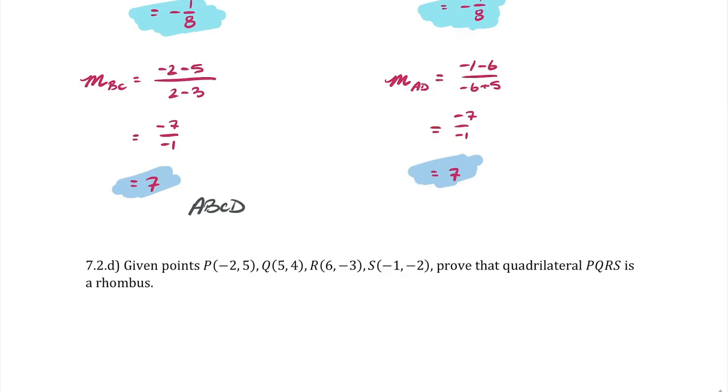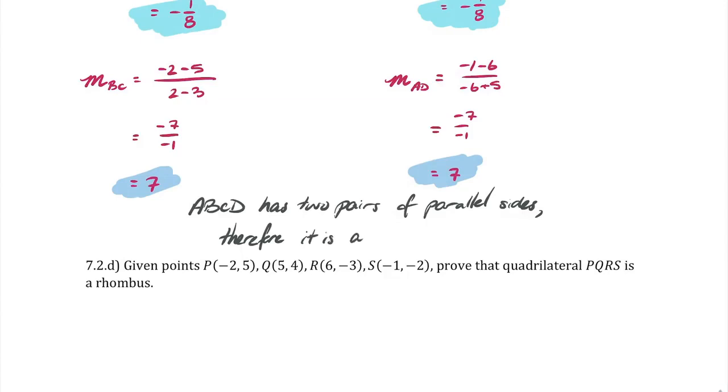Whatever this quadrilateral is, ABCD has two pairs of parallel sides. So therefore, it's a parallelogram.